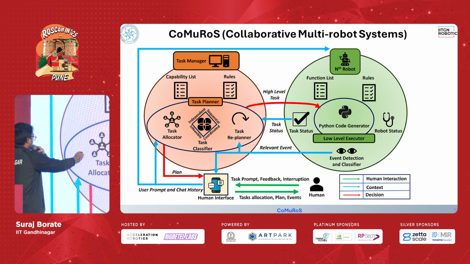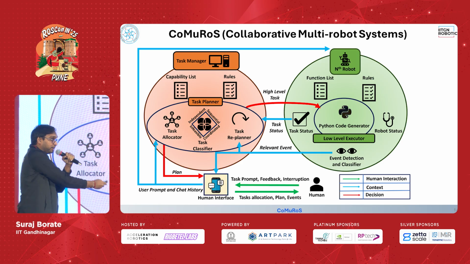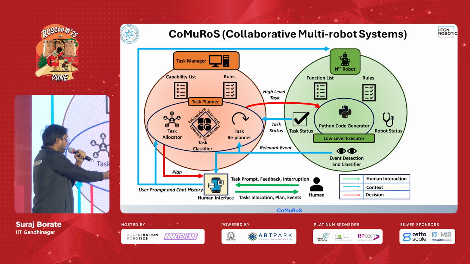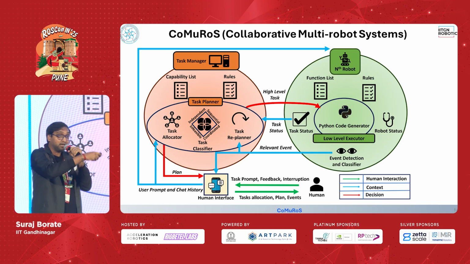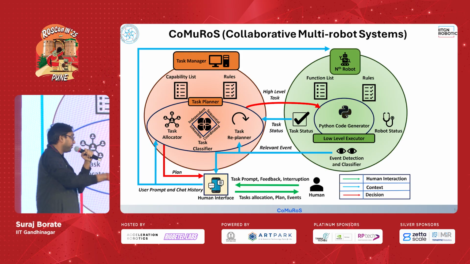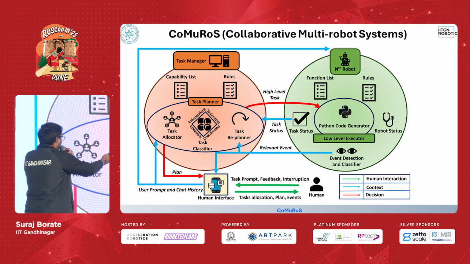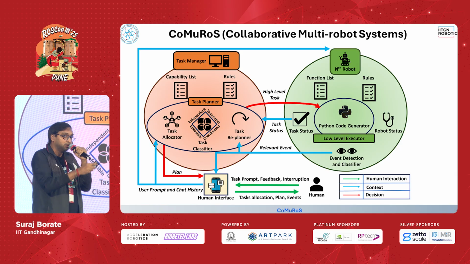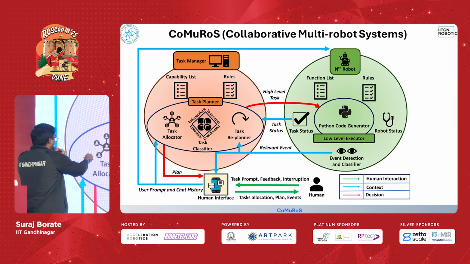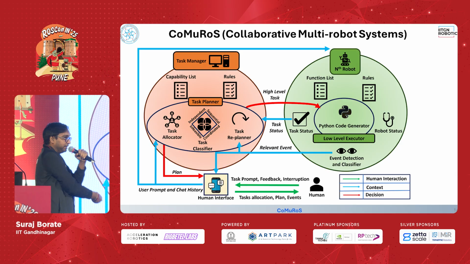And then it proactively communicates any events based on its sensors, because it has knowledge of the task of all the robots and what is happening. It classifies and communicates the event, if it is relevant to the task, to the task replanner, and the replanner replans.